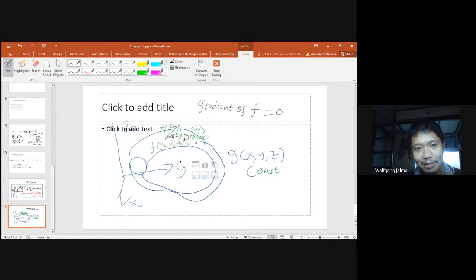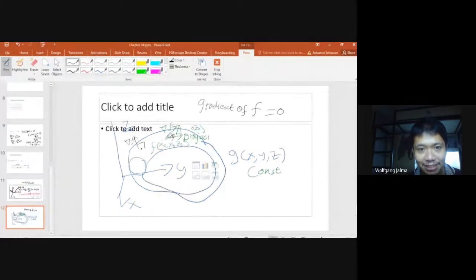It will be minimal. What does it mean? It is hard to imagine, but what it means is the gradient is normal to the g. So the gradient f here is normal or perpendicular to the g. So if it is normal, we cannot project. The projection to the g is 0.